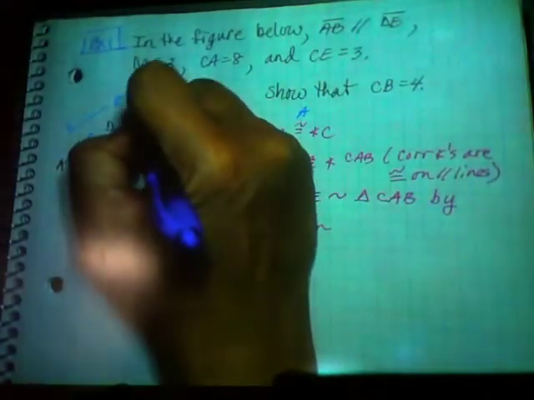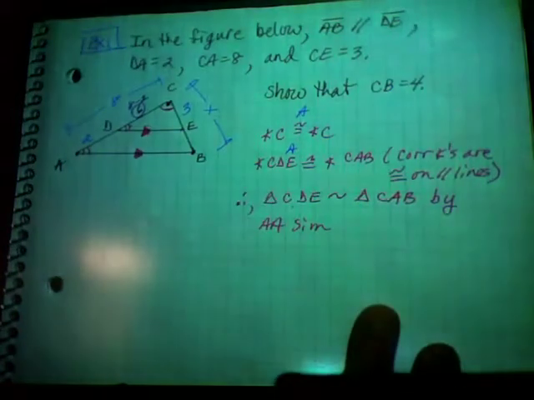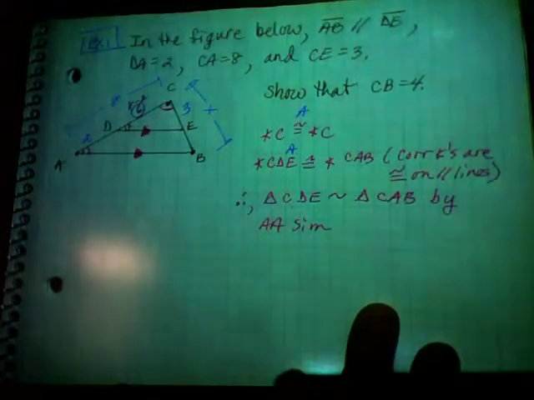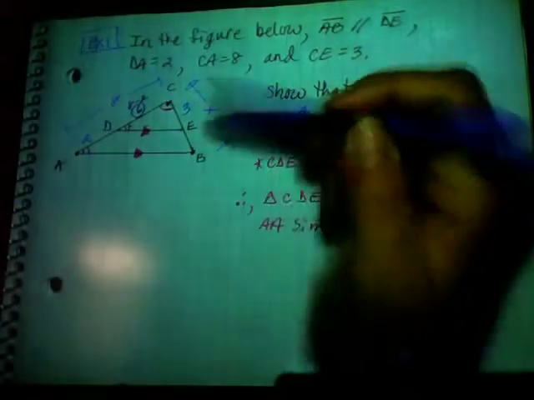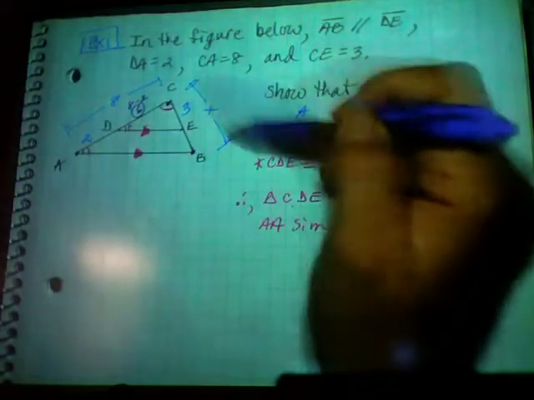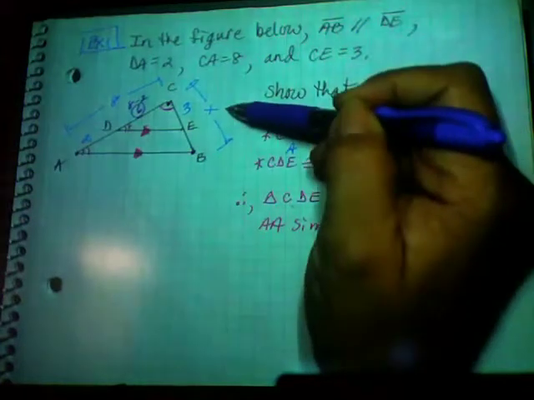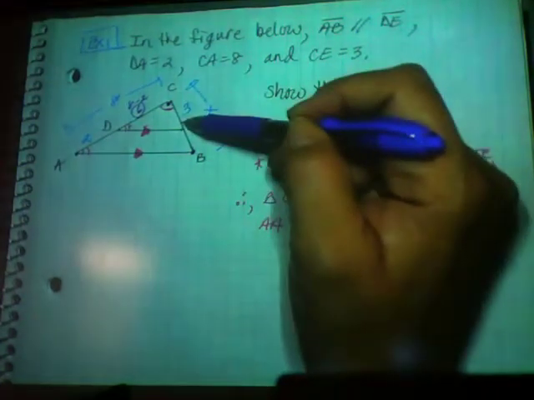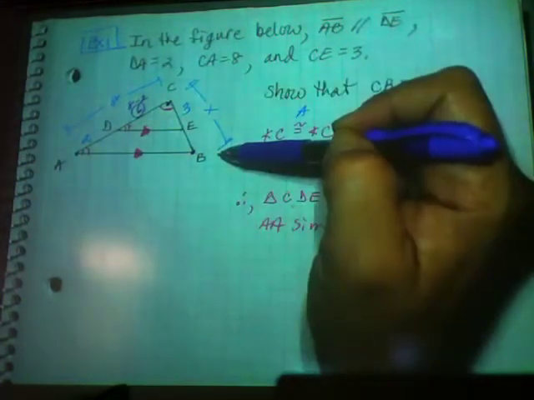Isn't this 8 minus 2, which is what? 6. So the measure of DC is 6. We did that on night before last homework, right? And then I don't know what this is. I'm hoping it's 4. But isn't this the corresponding side, CE to CB?